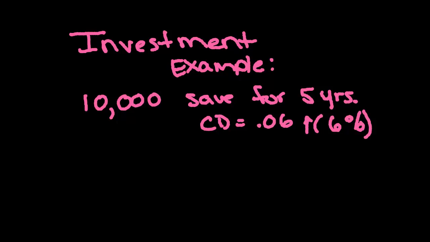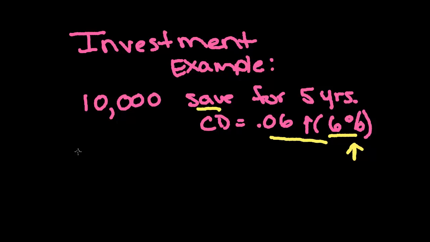Well, we know that this is an increase, right? Because we're saving and we're gaining interest. So it's an appreciation problem. But it's not where we have a number like where it's doubled or half or 3/4 of the rate. In this case, we're just given the percent at which we're appreciating.